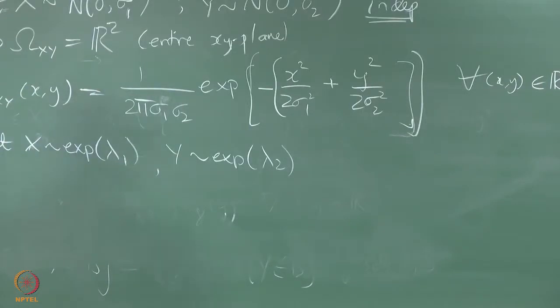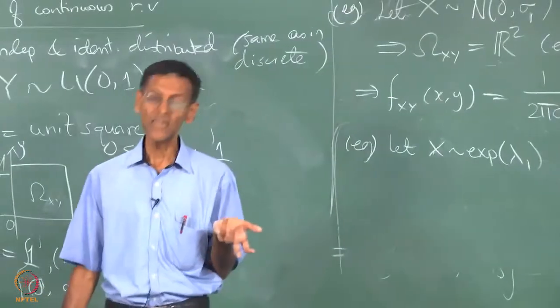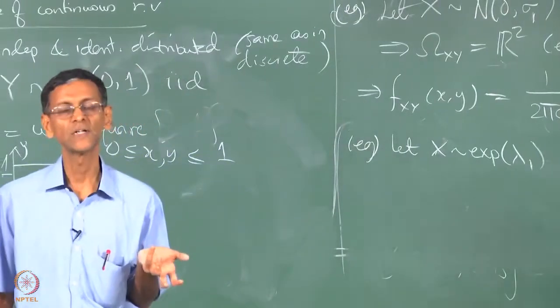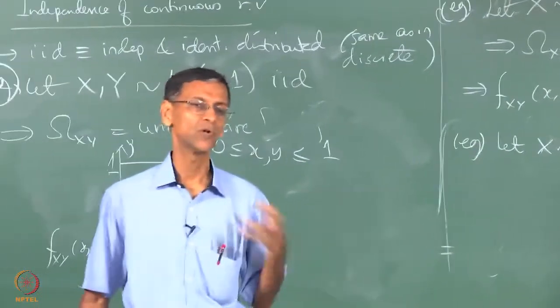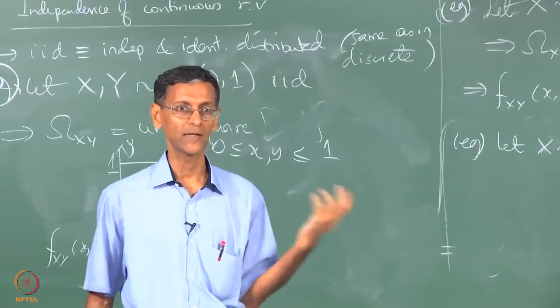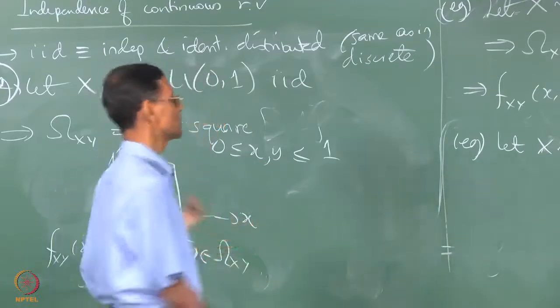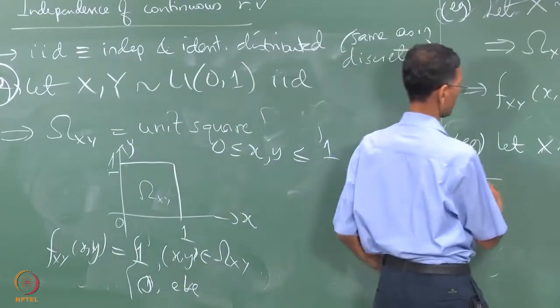This also is a case where the arguments with exponentials will combine. So what happens here, the omega xy is only the first quadrant now, because x and y are both so called non-negative random variables. When they do not take negative values, you call them non-negative. So omega xy is the first quadrant.